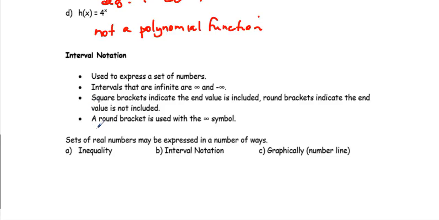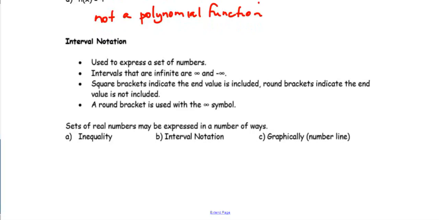A round bracket is used with the infinity symbol because we actually never get to infinity. We're always trying to get there, so we use a round bracket. Okay. So those are some little hints about using interval notation, which is what you're going to use from now on to express domain and range rather than set notation.